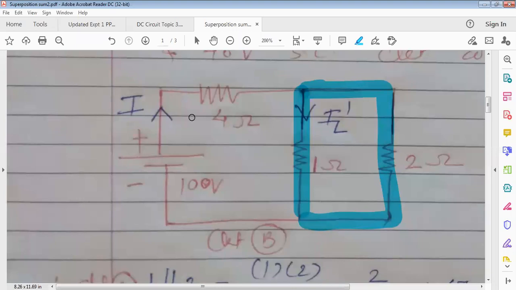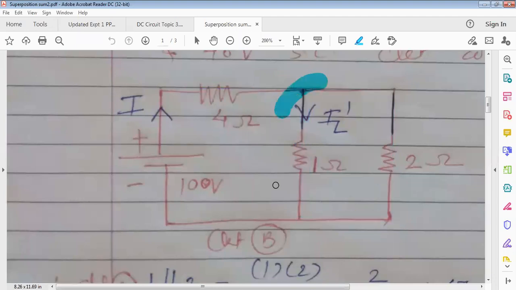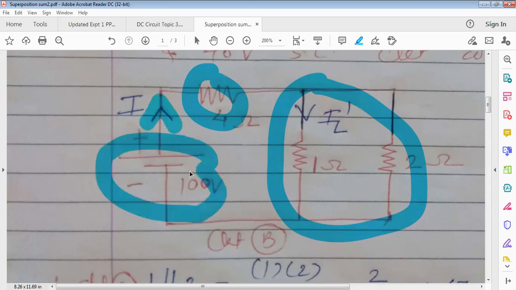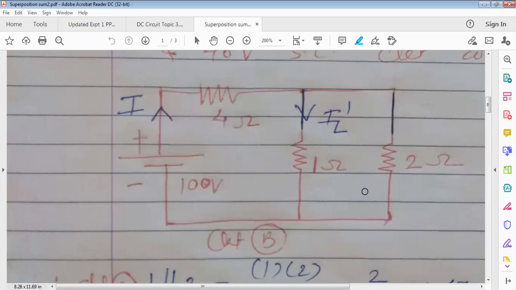Once you get their resultant, will that be in series or in parallel with 4 ohm? In series. Right, in series with 4 ohm, so you can add them and that will be the total resistance. Then using total resistance and total voltage, you can calculate the total current, isn't it? Like this only you have to simplify. I mean series parallel combination and Ohm's law only you have to use.